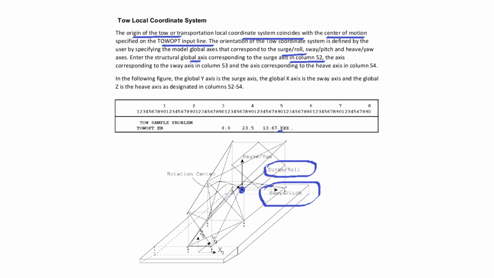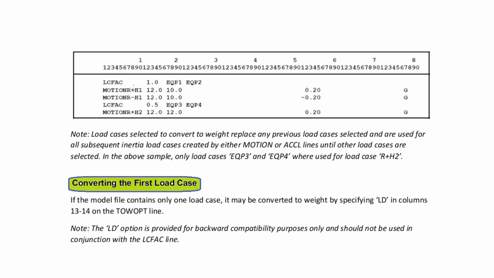So we need to align our model by specifying the global axis of the model. In the following figure, the global y-axis is the surge axis, the global x-axis is the sway axis, and the global z-axis is the heave axis. So this is the example.